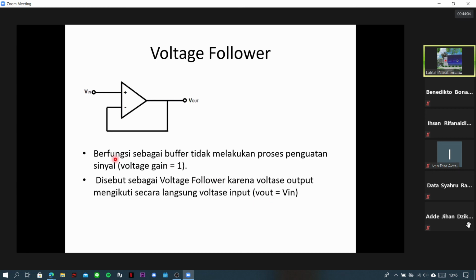It functions as a buffer. It does not do any amplification. Amplifier is penguatan in Bahasa Indonesia, but the voltage follower does not function as an amplifier. The voltage gain is equal to 1.